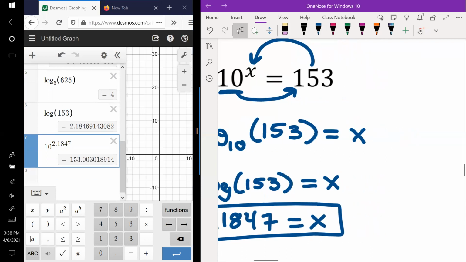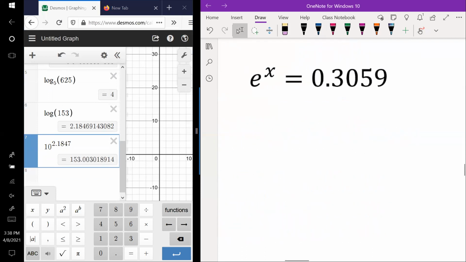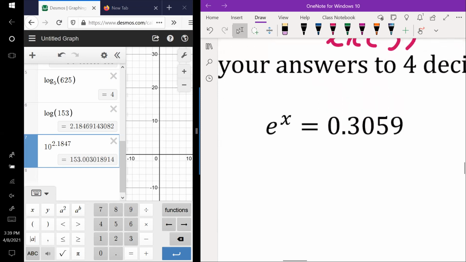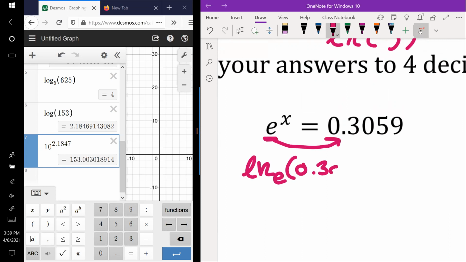All right, let's do it again. B, e to the x equal to 0.3059. So since this has a base of e, we must convert it to the natural log. And the process is exactly the same. The base of the exponential function becomes the base of the logarithm. So we'll have natural log, base e, and put the outside number inside the parentheses and set it equal to the exponent of x.